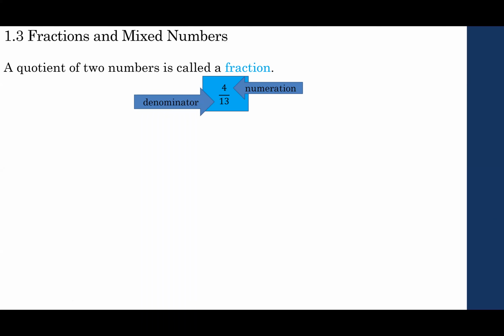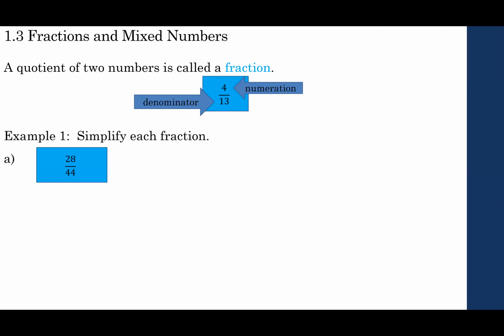One thing about fractions is we want to know if we can simplify the fraction. If you remember, to simplify a fraction is basically to reduce it to the lowest term, right? If you look at 28 over 44, how can we reduce this to the lowest term?